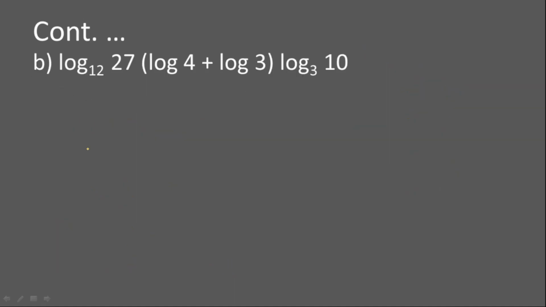Again, this could be C: the logarithm of 27 to the base 12 times the logarithm of 4. By the way, before the logarithm of 4, there is a common logarithm.